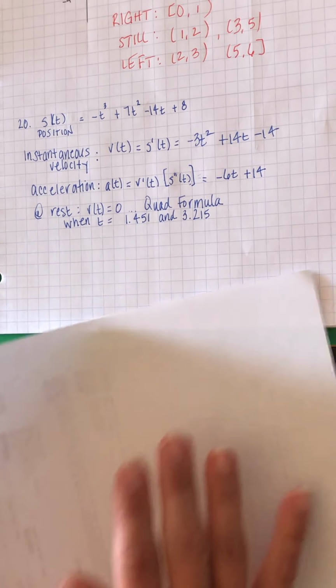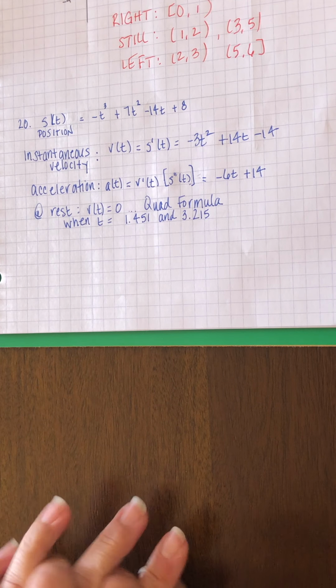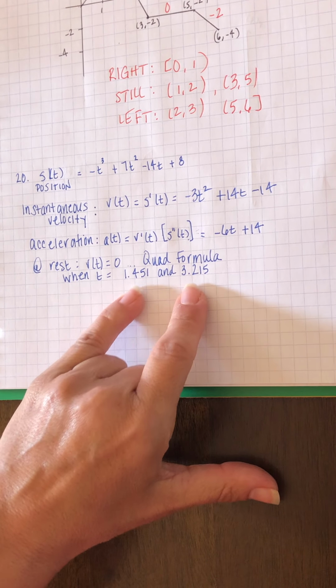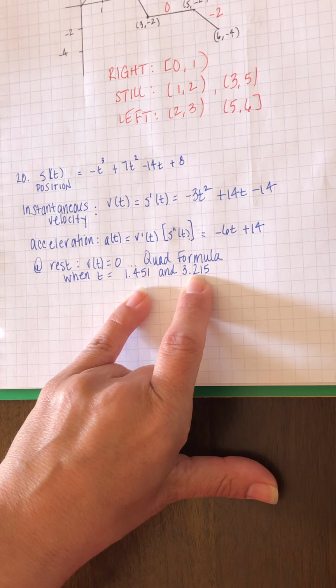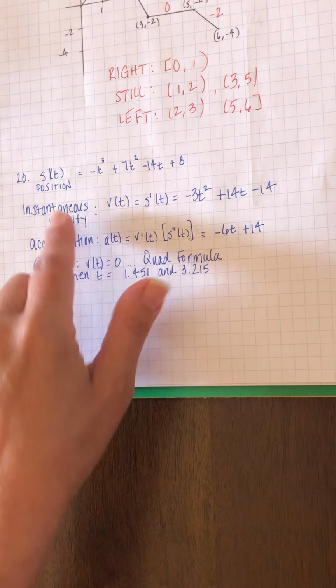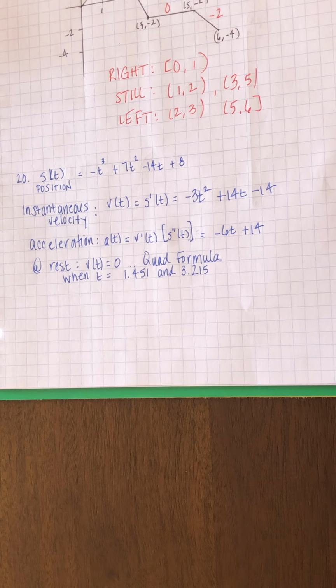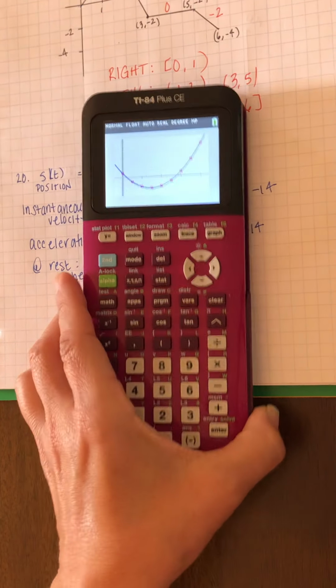So then the next part says to describe the motion of the particle. Okay, so calculator. So we're going to use these two values, 1.451 and 3.215. But what you need to do is plug in the negative t cubed plus 7t squared minus 14t plus 8.